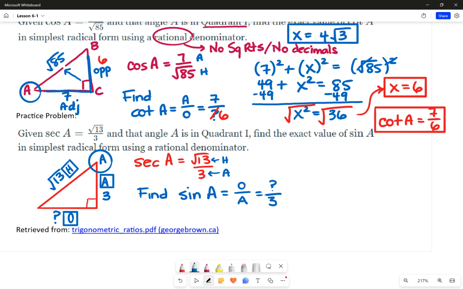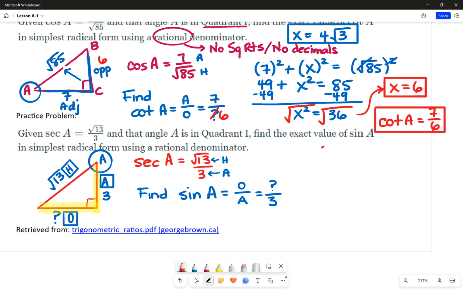So let's do our leg squared plus leg squared equals hypotenuse squared. So my legs are the sides that form the 90-degree angle. All right, those are my legs.